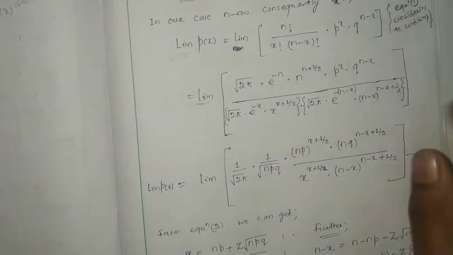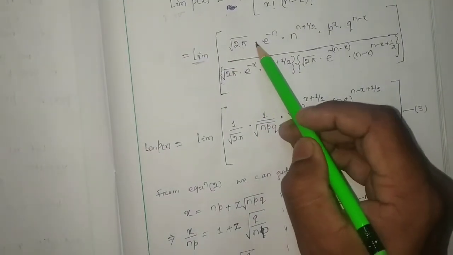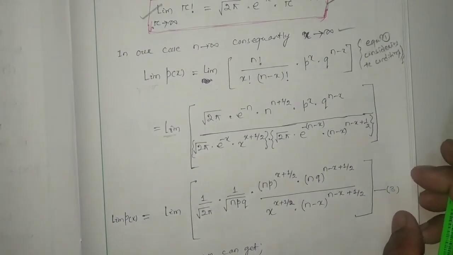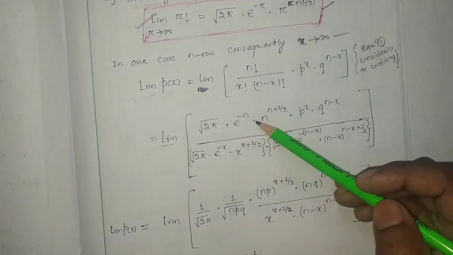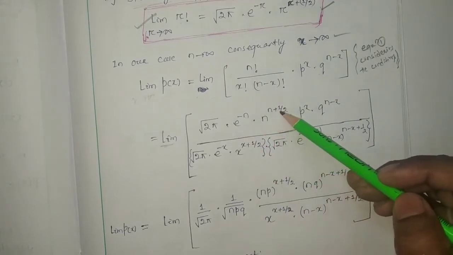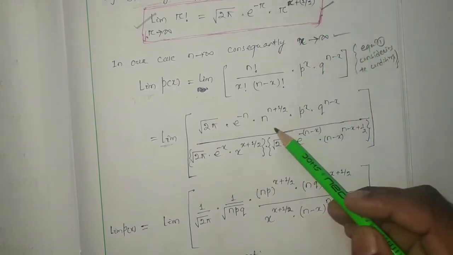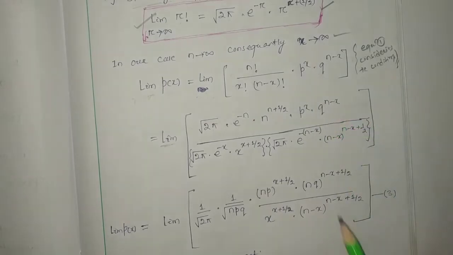Likewise n factorial will be root over 2 pi, e to the power minus n, into n to the power n plus 1 by 2, into p to the power x into q to the power n minus x.